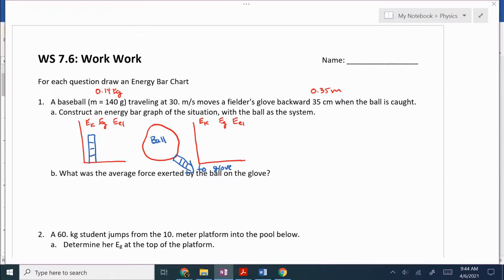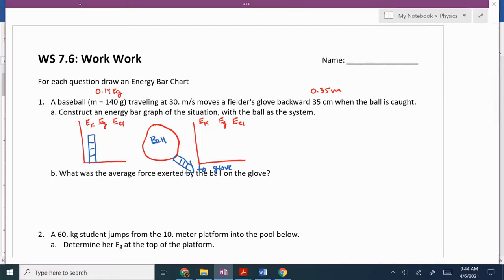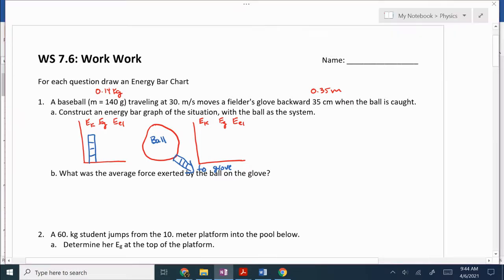It says, what was the average force exerted by the ball on the glove? To do that, we're going to write ourselves the energy equation. The energy equation would say kinetic energy minus the work done on the glove is equal to 0, because we have no energy left, right? Nothing in that final bar graph.